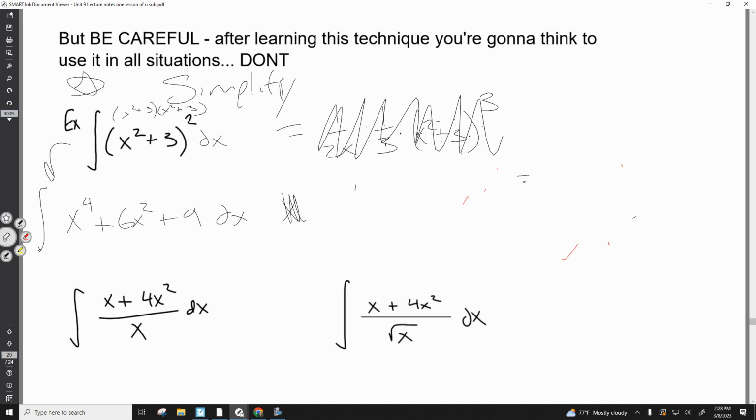All of these examples here and on the bottom of the first page of your homework, you will have to simplify.